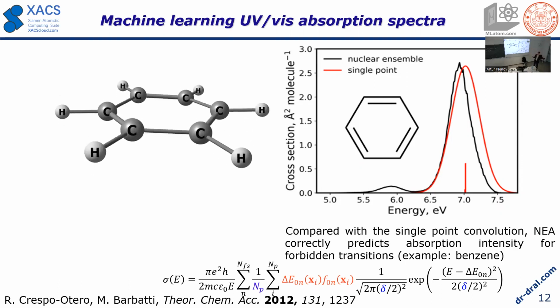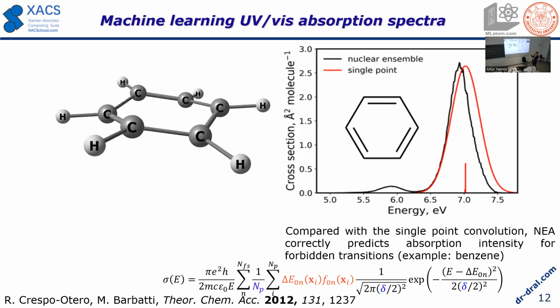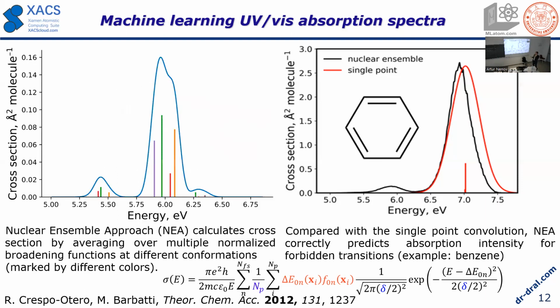So since they are always moving, you need to reflect it somehow. This can be done by the ensemble approach, and you sample many geometries. This is the standard way to get a better spectrum. And it also requires oscillator strengths and excitation energies, but now for many, many different structures. And many means also very computationally expensive.